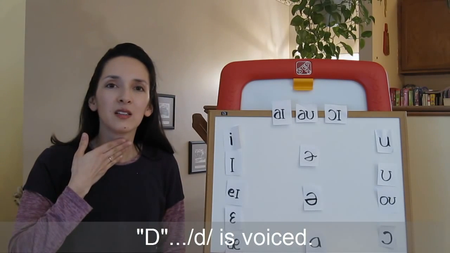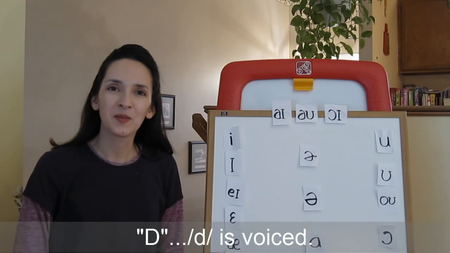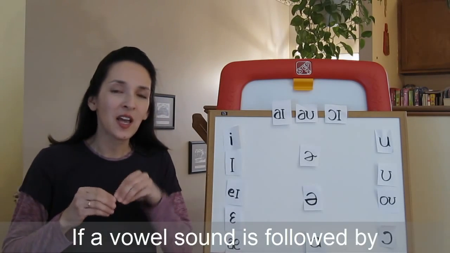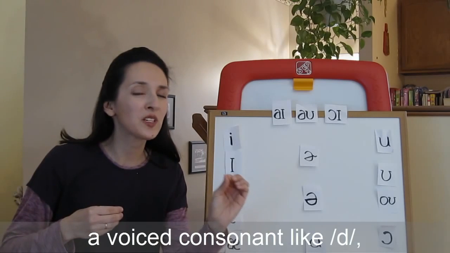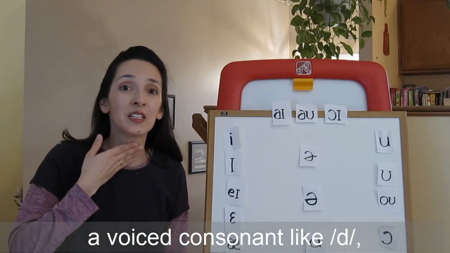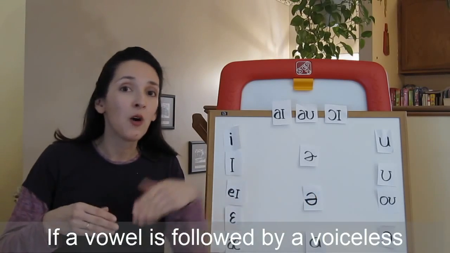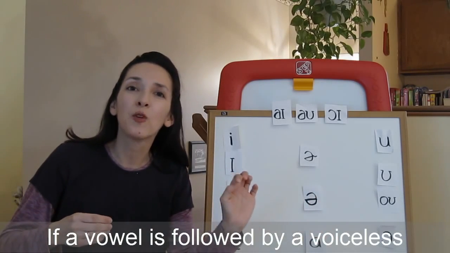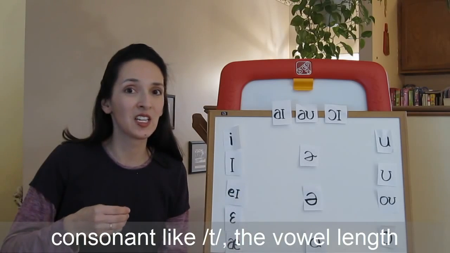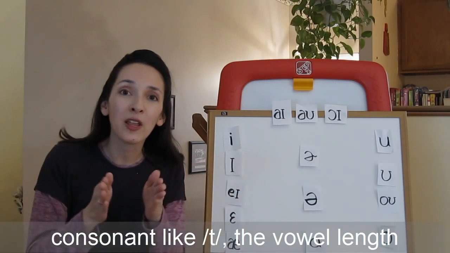D is voiced. If a vowel sound is followed by a voiced consonant, like D, the vowel sound is longer. If a vowel is followed by a voiceless consonant, like T, the vowel length is shorter.